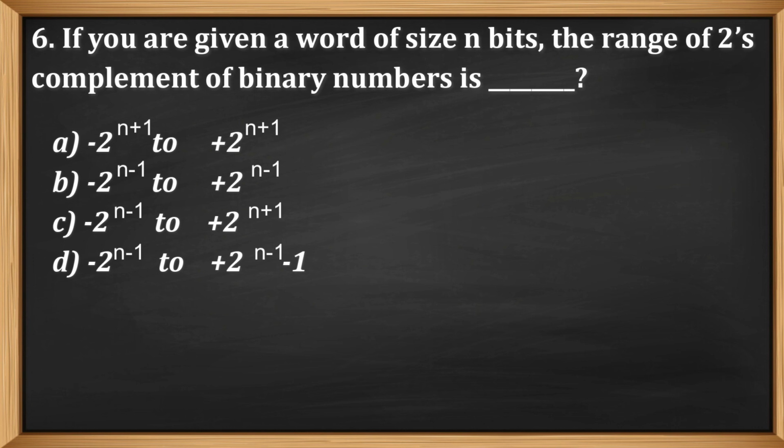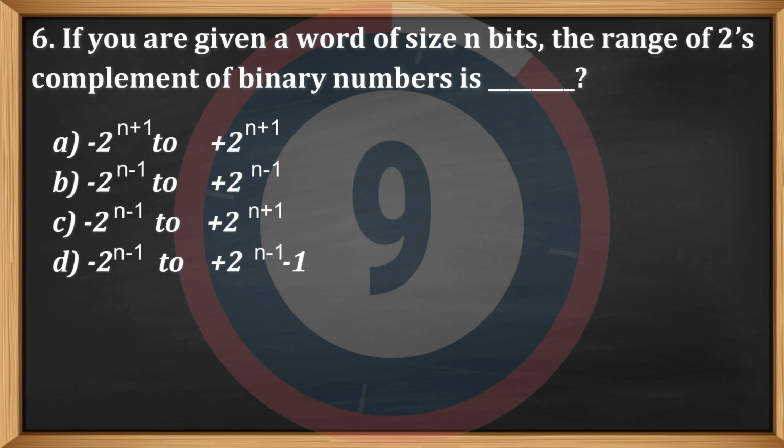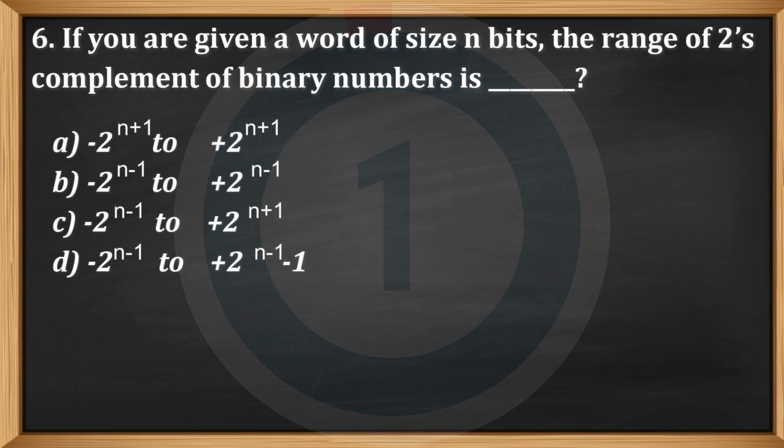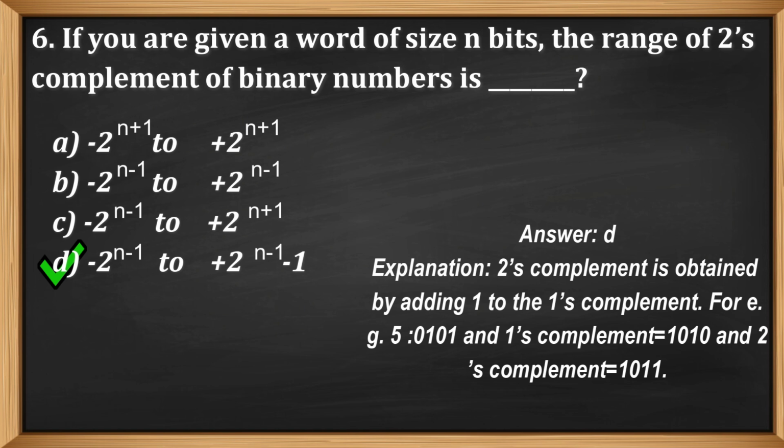If you are given a word of size n bits, the range of 2's complement of binary numbers is option D, minus 2 to the power n minus 1 to plus 2 to the power n minus 1 minus 1.